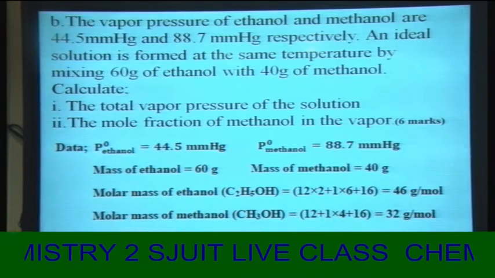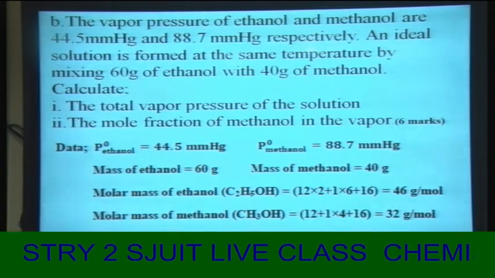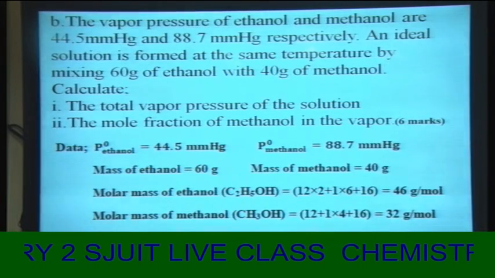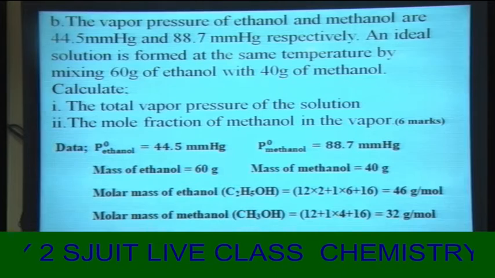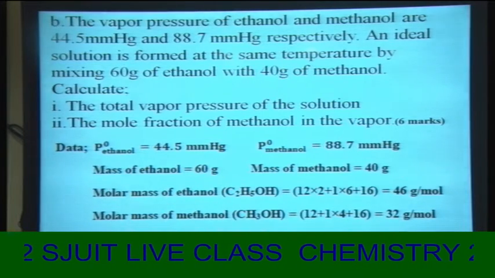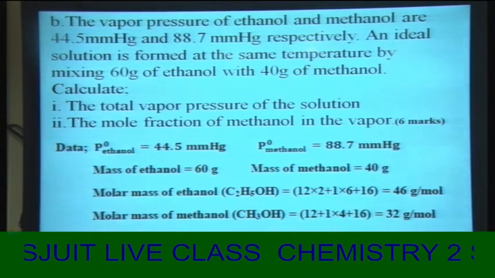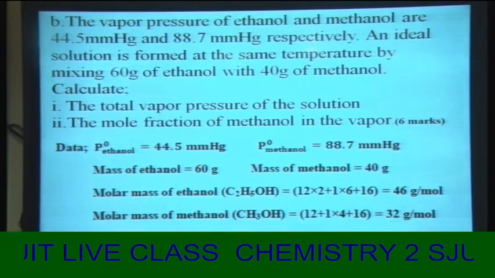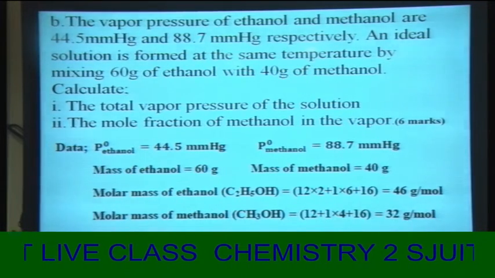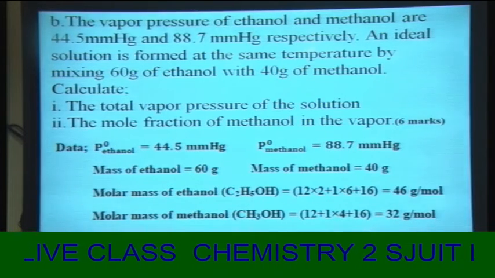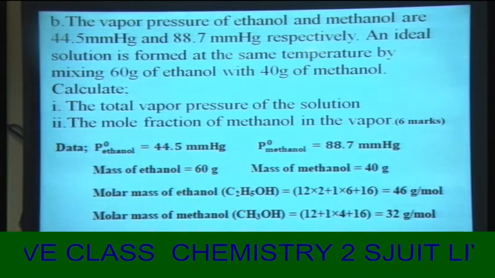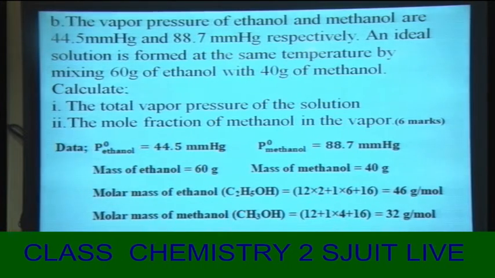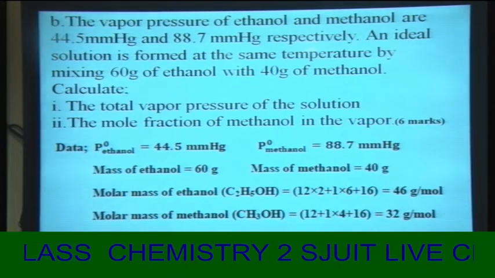Part B. This is the question which we need to solve, 2 items, but before that let me read the question. The vapor pressures of ethanol and methanol are 44.5 millimeters of mercury and 88.7 millimeters of mercury respectively.